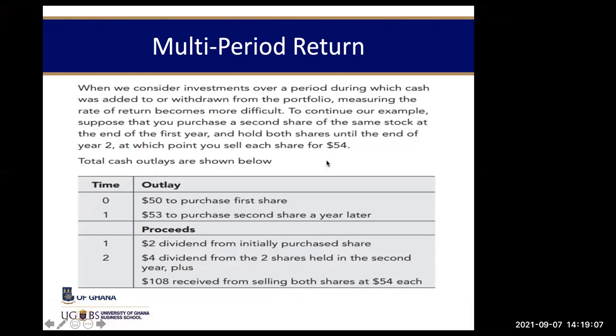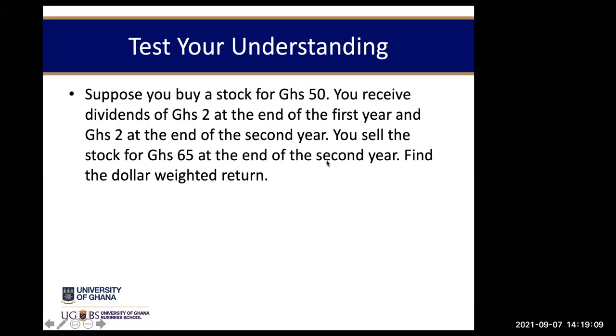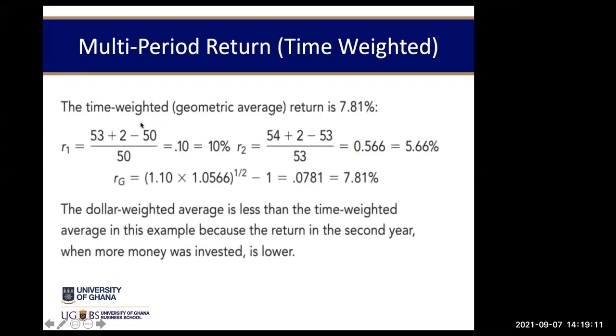Okay, so let's go back to the time weighted return. So if you remember, we buy the stock for how much at time 0? 50, right? And then at time 1, we receive a dividend of $2, and we can sell it at the end of year 1 for $53 over the initial cost. Again, we've seen this before.